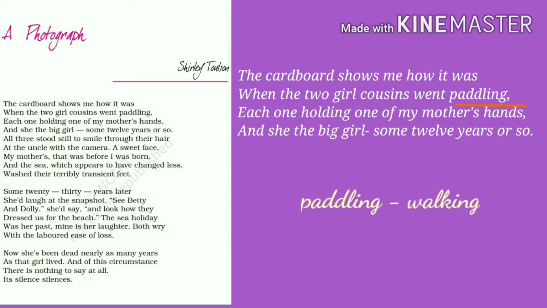The two cousins are shorter than her. She is the taller one, and her mother stood in the middle. The two cousin sisters were holding her hands on both the right and left side.